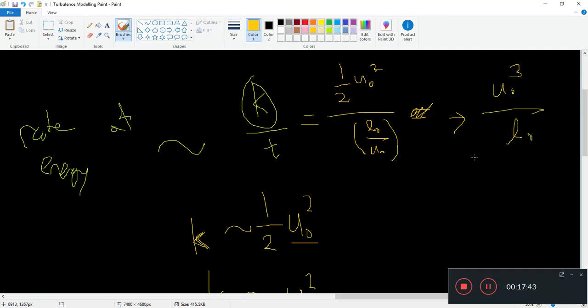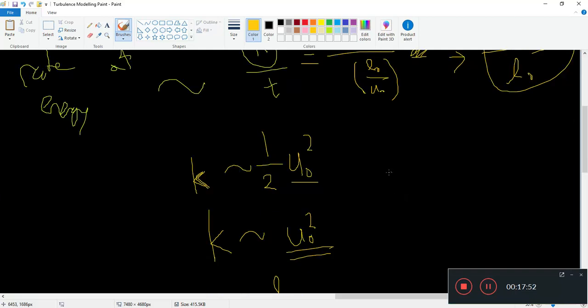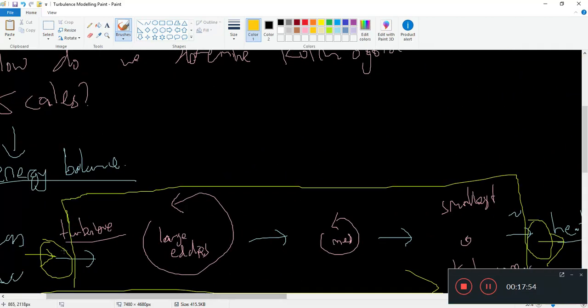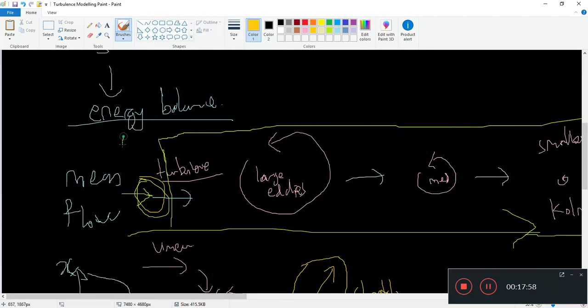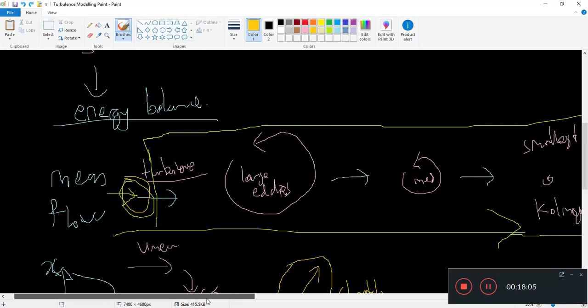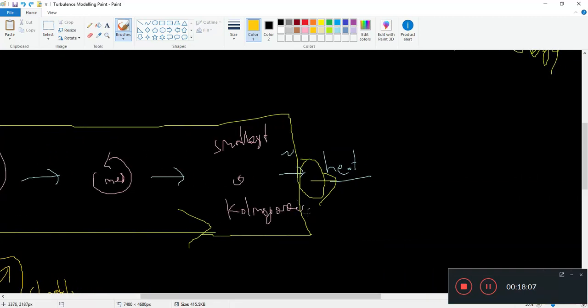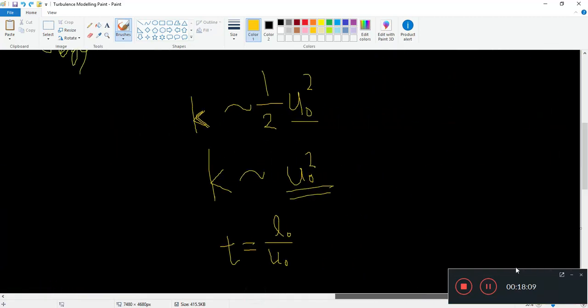So this is the rate of energy transfer into the turbulence cascade. The rate of energy in will scale as u naught cubed over L naught. So that's the energy in. And what is the energy out? It should be the same as the energy in.